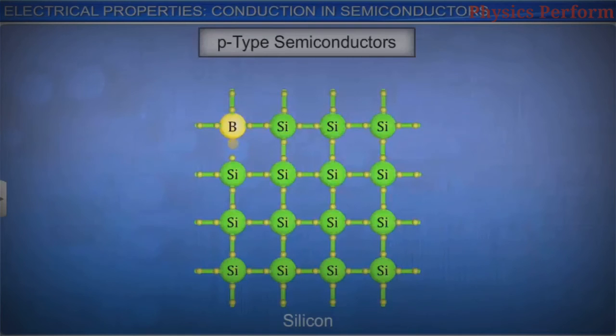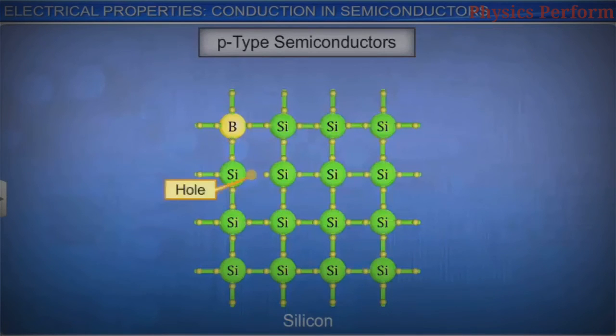These are called holes. The dopant atom can accept an electron from the covalent bond of the neighboring atom to complete the fourth bond. This causes the neighboring atom to lose a bond electron and results in the formation of a hole at the neighboring site.